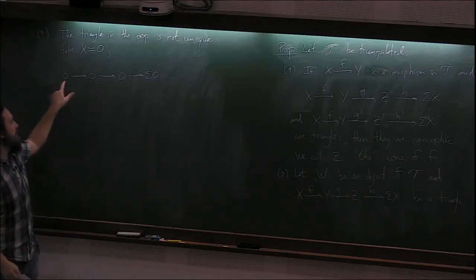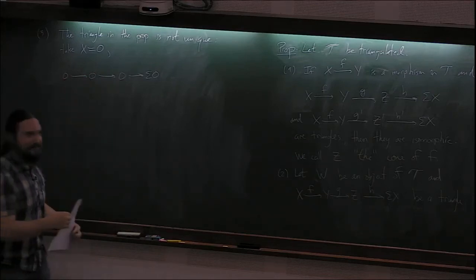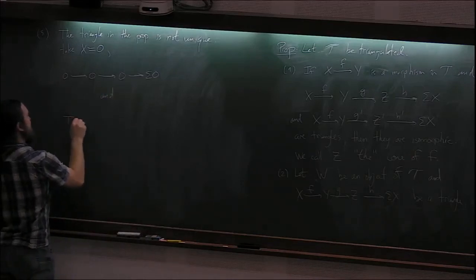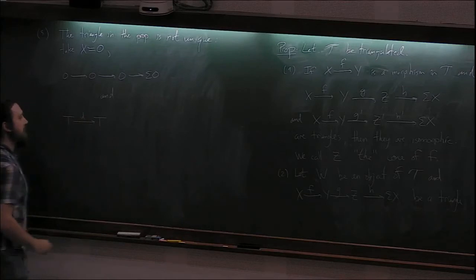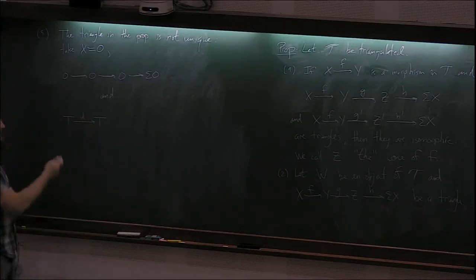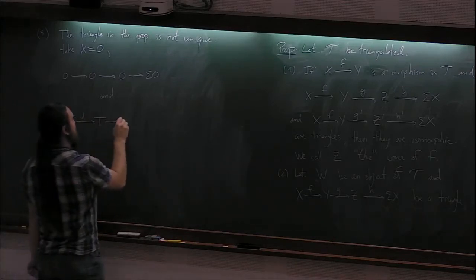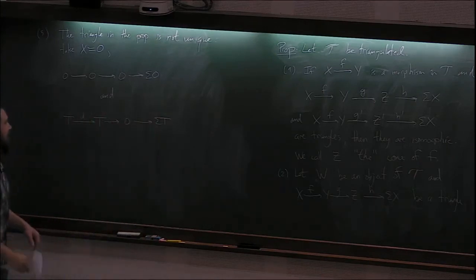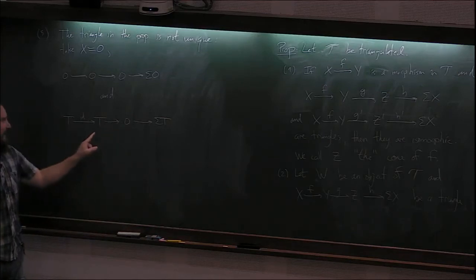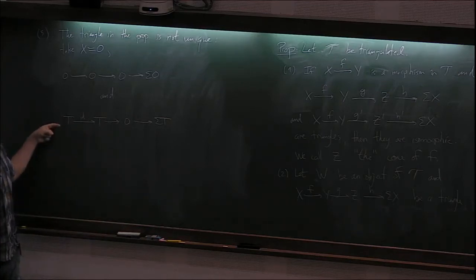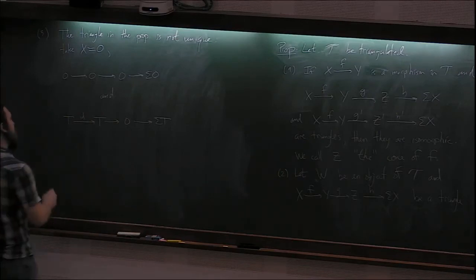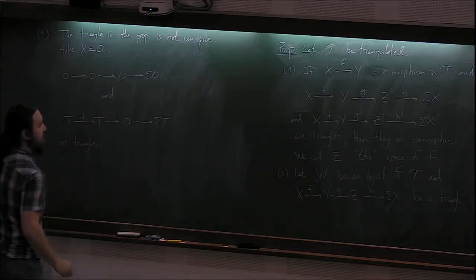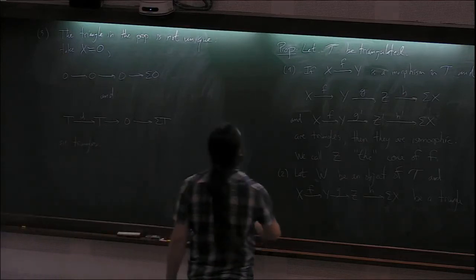So this is X, and these two objects are in add T. And if I take, say, T, the identity goes to T. I know by TR1 that if I complete this into a triangle, then the next term has to be 0. So this is X, and these are in add T. So this is also a triangle satisfying the conditions of my proposition. So the triangle in the proposition is not unique.